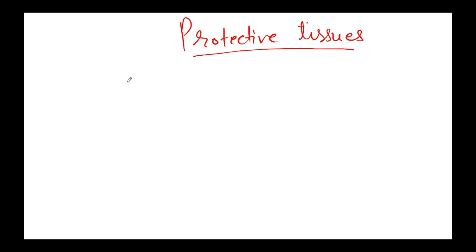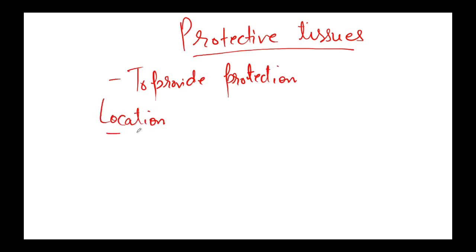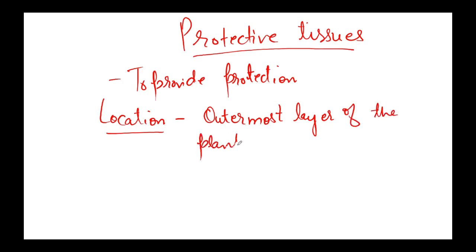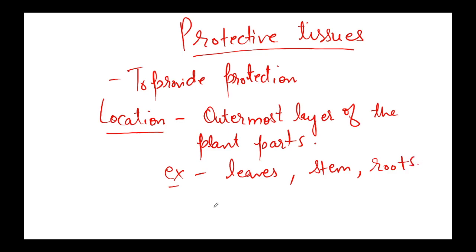So their main function is to provide protection. And their location, they are located in the outermost layer of the plant parts. For example, the outermost layer of the leaves, outermost layer of the stems, and outermost layer of the roots.